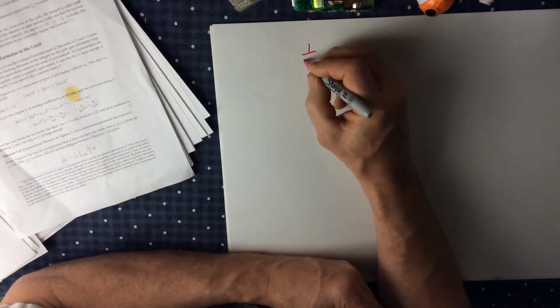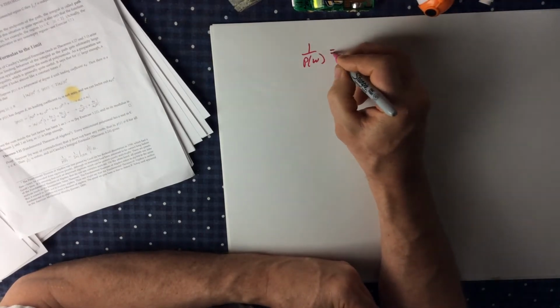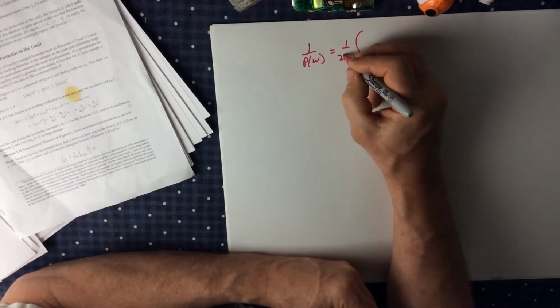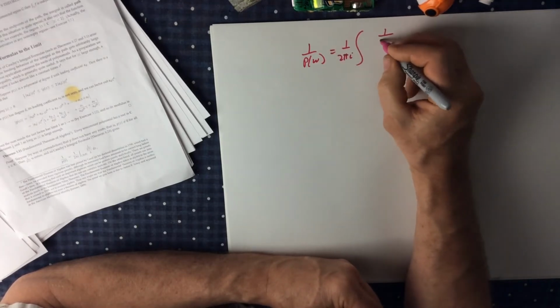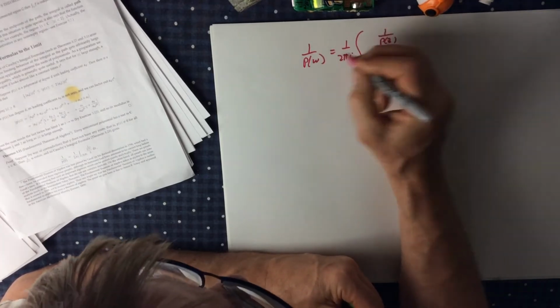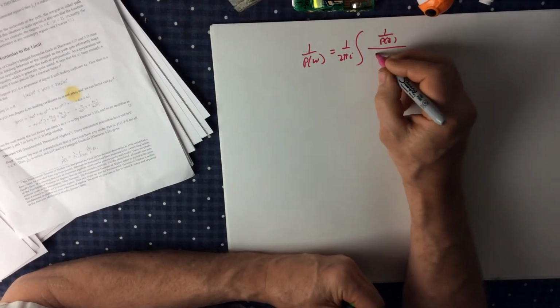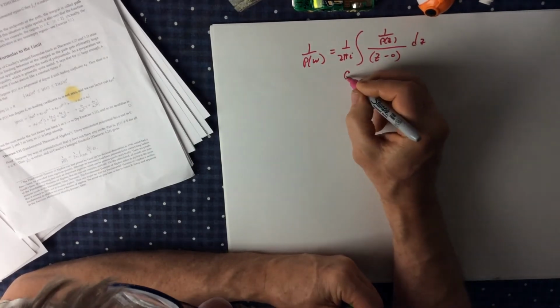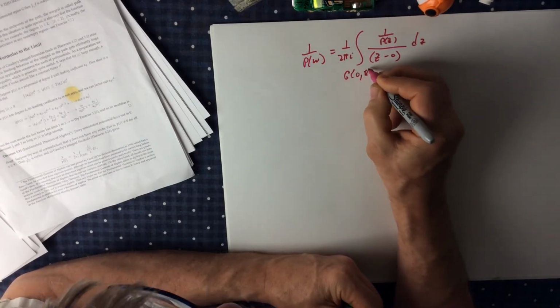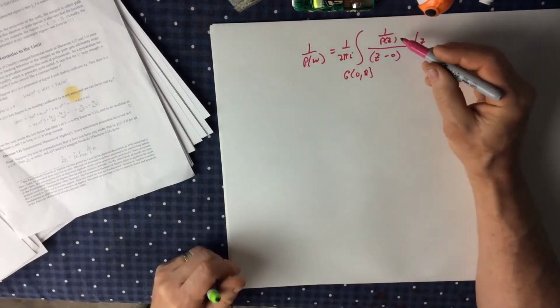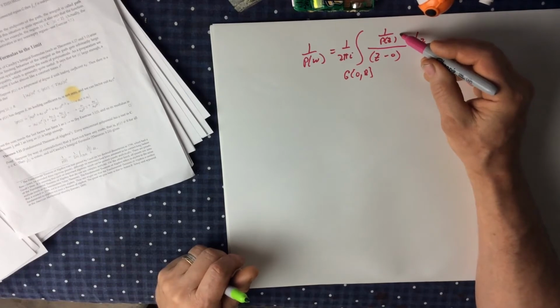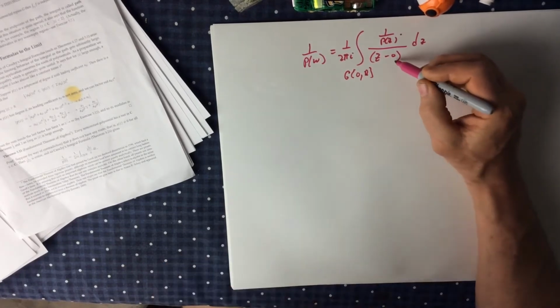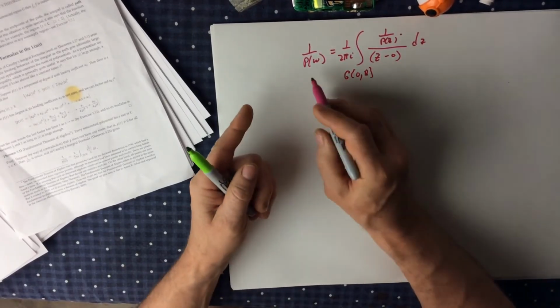So 1 over P of w is 1 over 2 pi i times the integral of 1 over P of z, that's my f of z here, over z minus 0 dz around any circle centered at the origin of radius r.